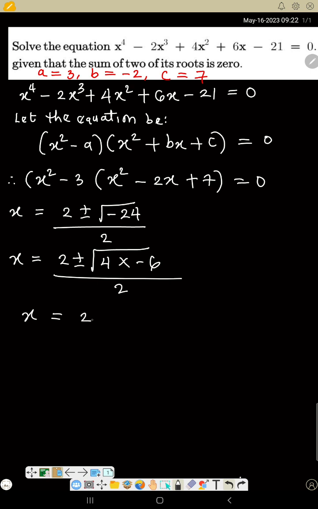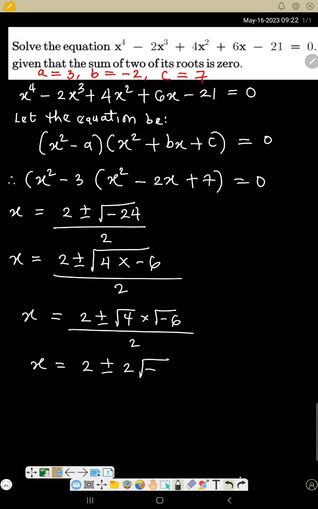So s is equals to 2 plus or minus, this is the same thing as square root of 4 times square root of minus 6, divided by 2. S is equals to 2 plus or minus 2 root minus 6 divided by 2. S is equals to 2 plus or minus 2i root 6 divided by 2.